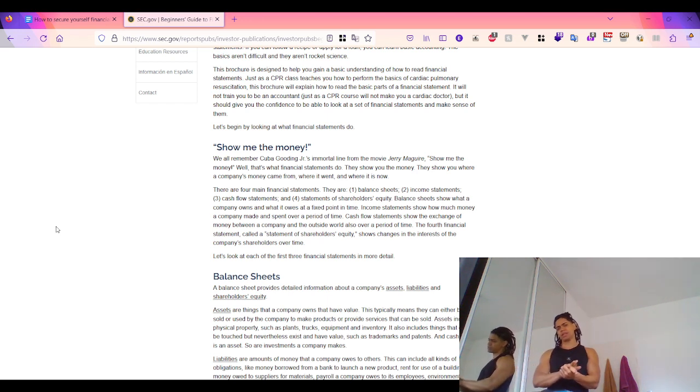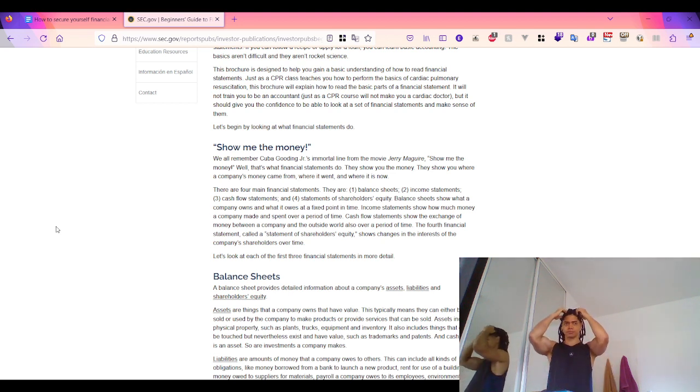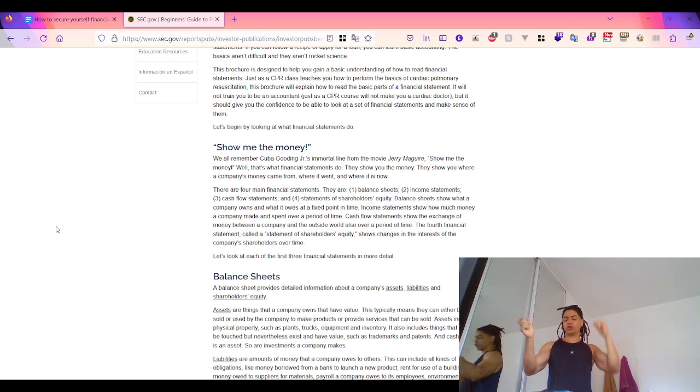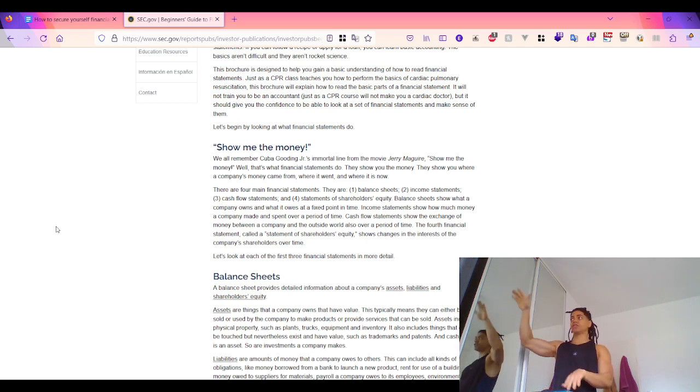With that, I then look at the income statement. According to the SEC.gov, you can think of this as a set of stairs where you start at the top with the total amount of revenue, and every time you go down one step, you make certain deductions associated with that earning.